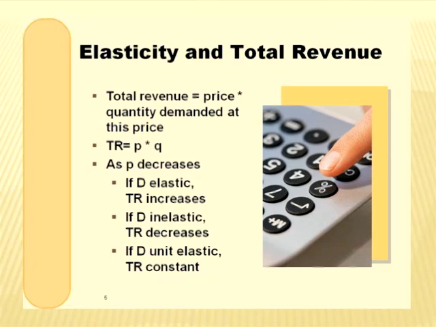In other words, their percentage change in quantity will be greater than our percentage change in price. If, on the other hand, they're not very responsive or very elastic, then we give them a price cut, and guess what? We actually lose sales as a result. And if we change price and nothing changes, then we say that it's unit elastic.